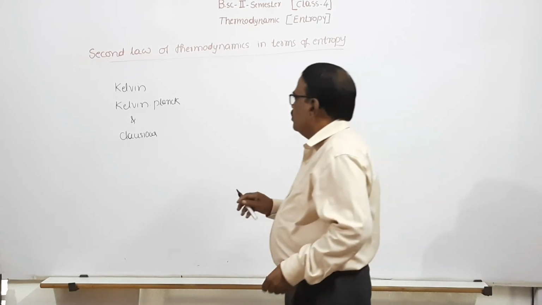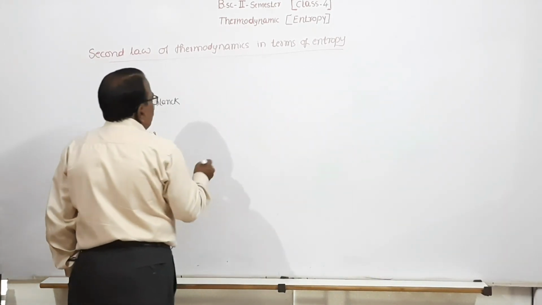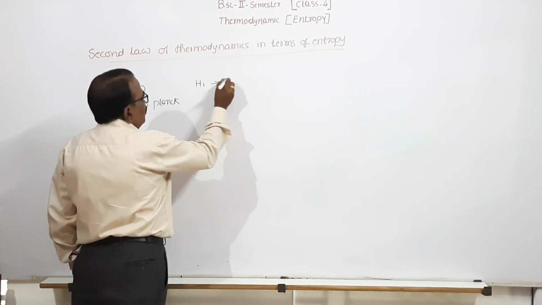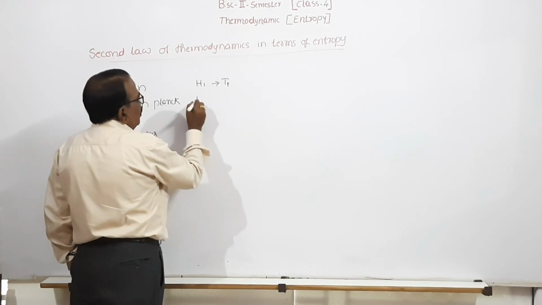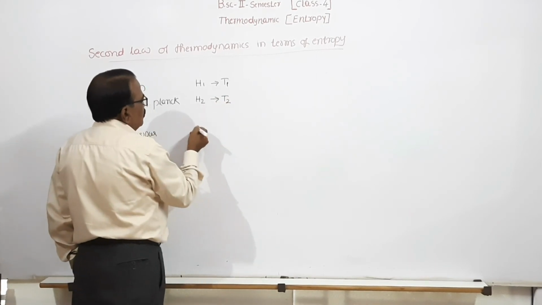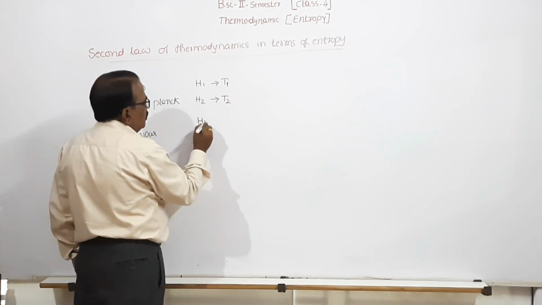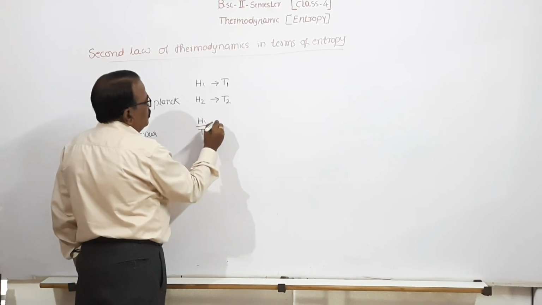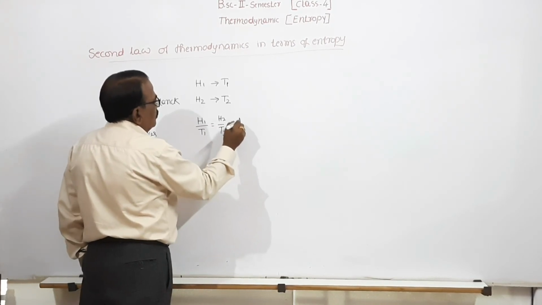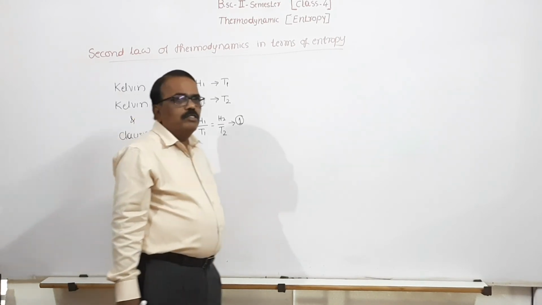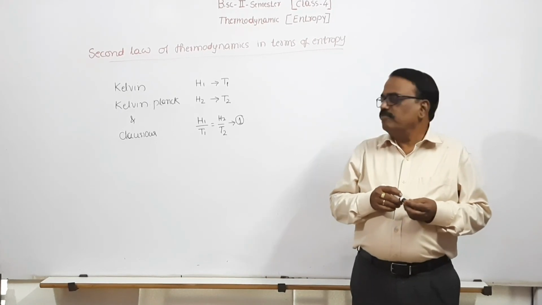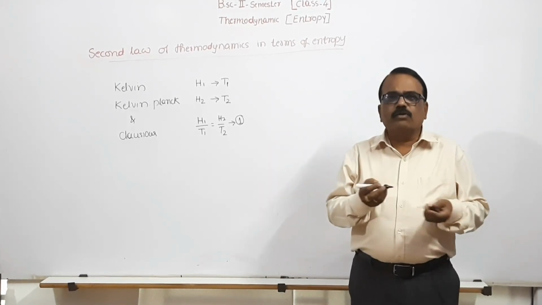Clausius observed that in the Carnot reversible cycle, H1 is the amount of heat absorbed at temperature T1, and H2 is the amount of heat rejected at temperature T2. From this we can write H1 upon T1 is equal to H2 upon T2. Call this equation 1. This concept is made to explain entropy, and when entropy increases or decreases.